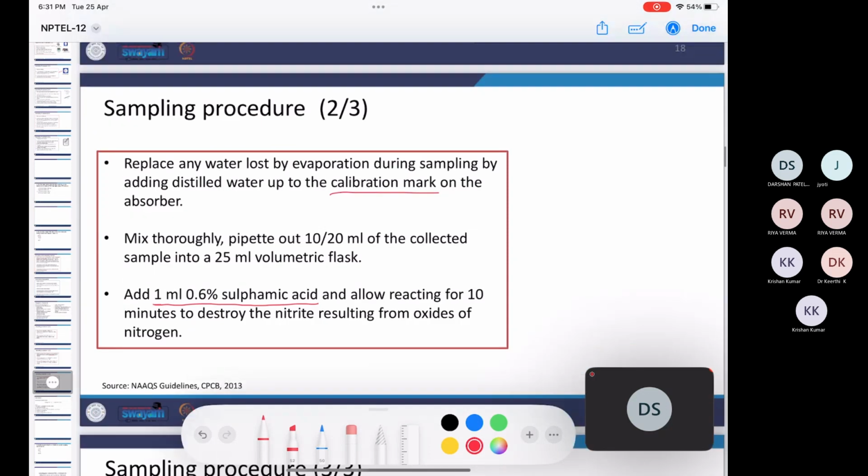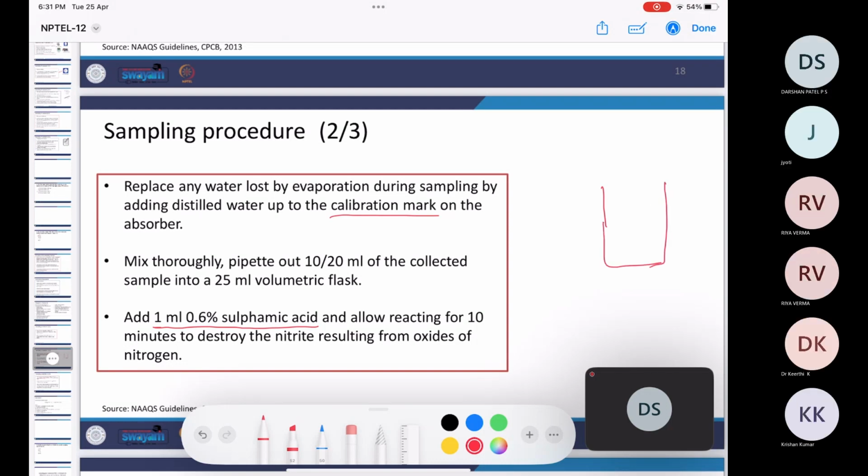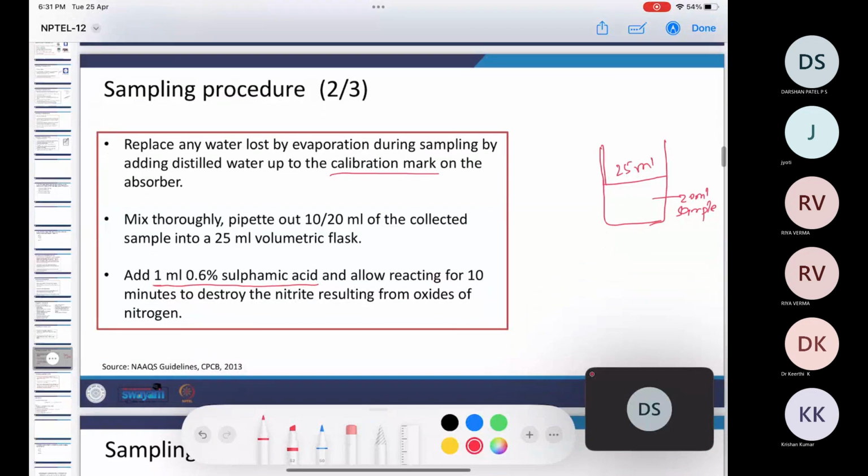If we took, for example, this is our 25 ml flask. Initially we took 20 ml of the sample. Then we have added this 1 ml of sulfamic acid.